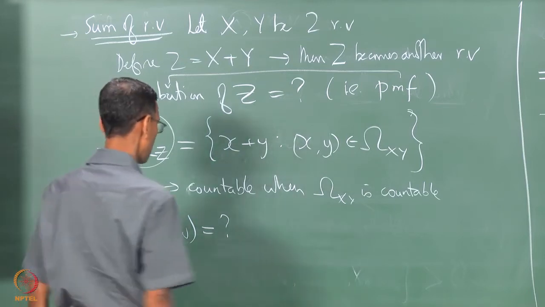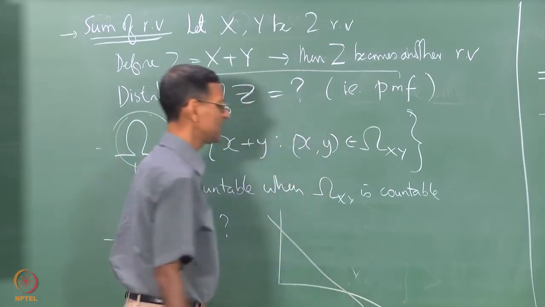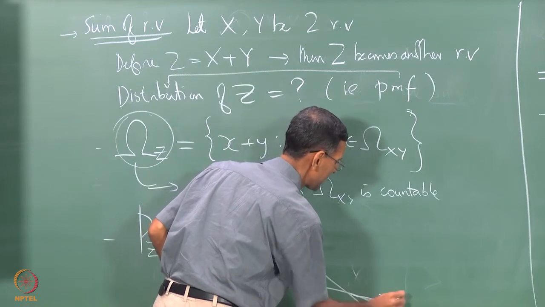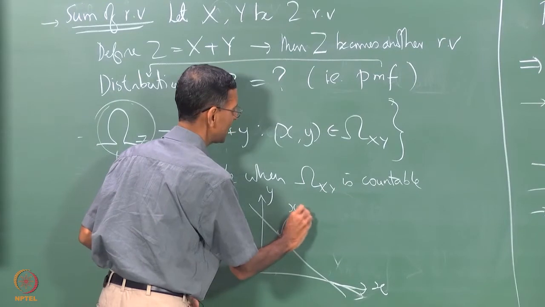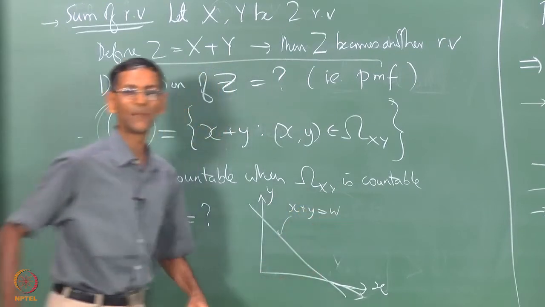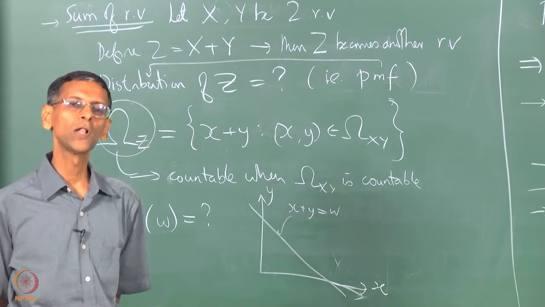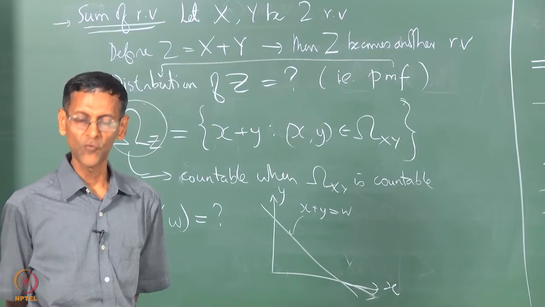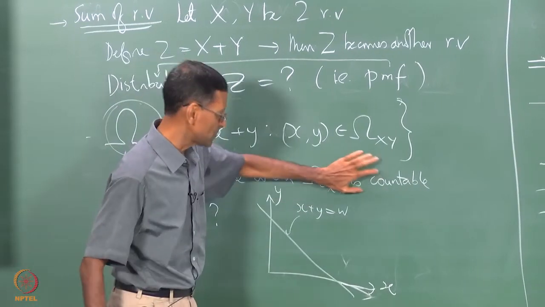It's not a joint probability, no. You look at this diagram here, x and y, you look at this straight line x plus y equal to w, which is a deterministic straight line that you can draw, and you look at all the points that fall on that straight line that also fall in omega xy. Omega xy, as we have assumed, is countable.